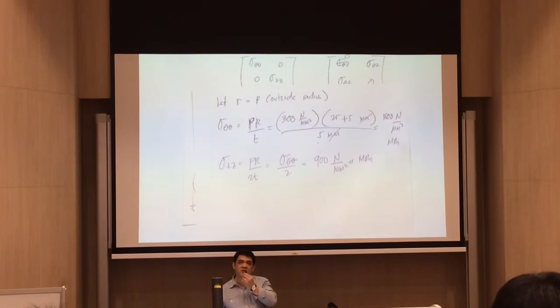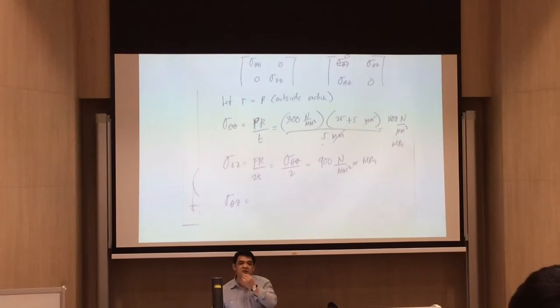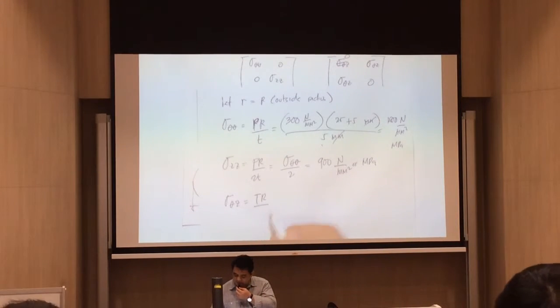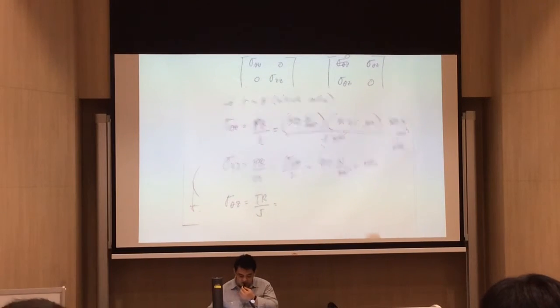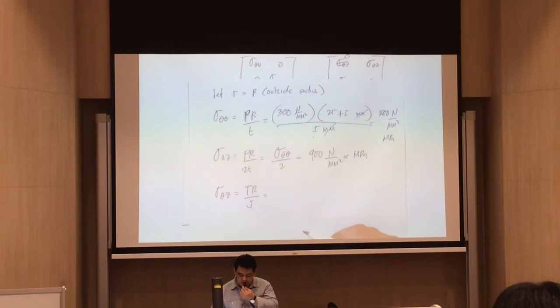And what about the next one? What about your shear stress? So this one is PR all over J. What is your torque? 1.2 kilonewton meter.